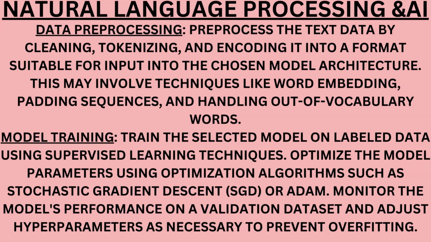Model training. Train the selected model on labeled data using supervised learning techniques. Optimize the model parameters using optimization algorithms such as stochastic gradient descent, or ADAM. Monitor the model's performance on a validation dataset and adjust hyperparameters as necessary to prevent overfitting.